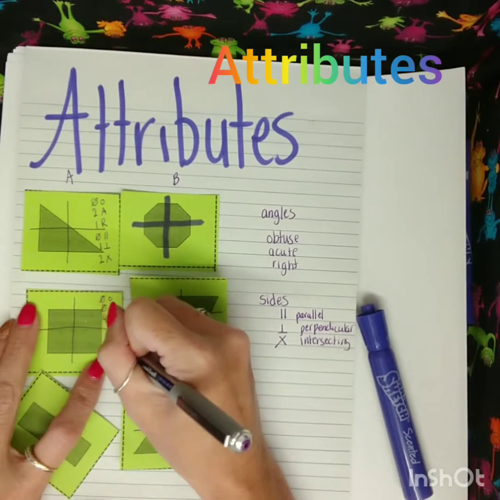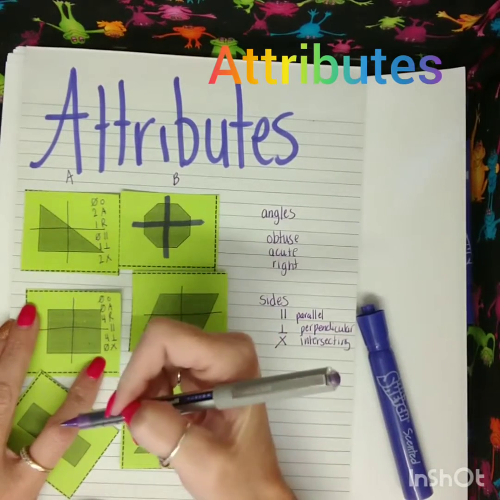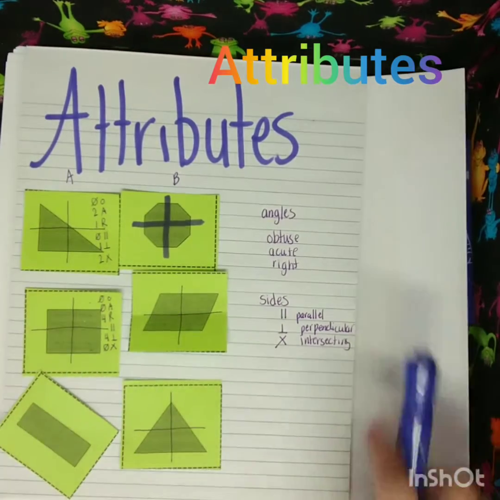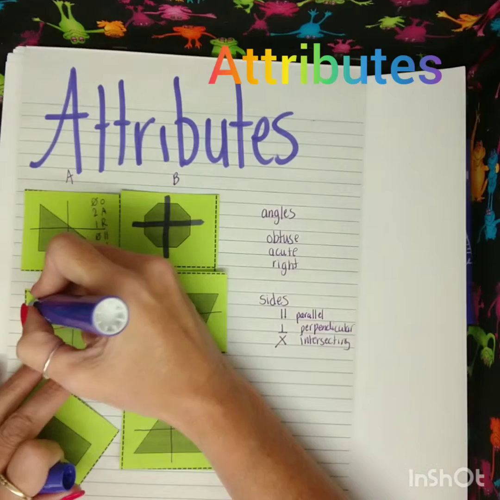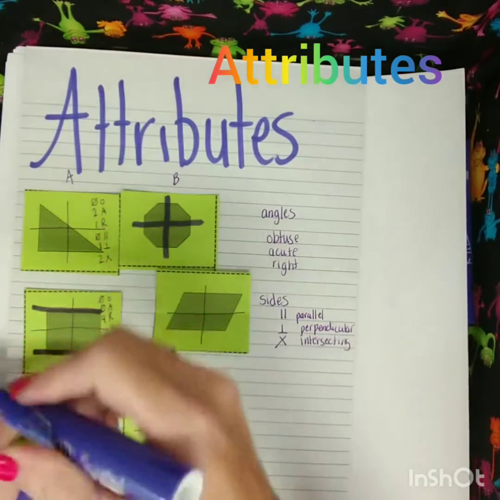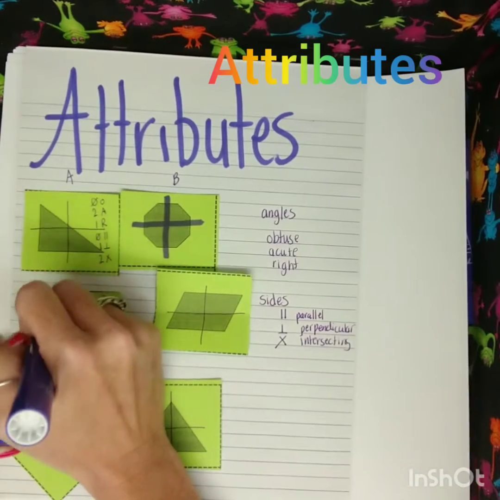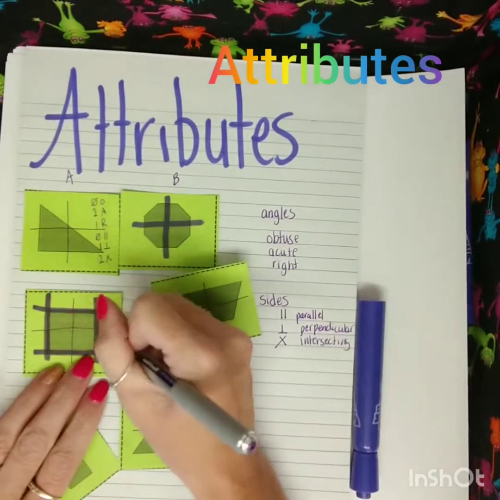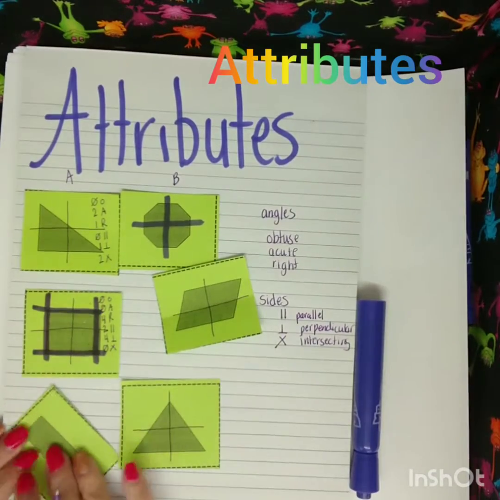Perpendicular, I have 4. Now I need to look at my opposite sides, top and bottom. Are they parallel? Will they never, ever touch? What I do is extend my leg to see if they are equidistant. They are, and when I do it for the sides, they are also equidistant, so I have 2 sets of parallel sides.